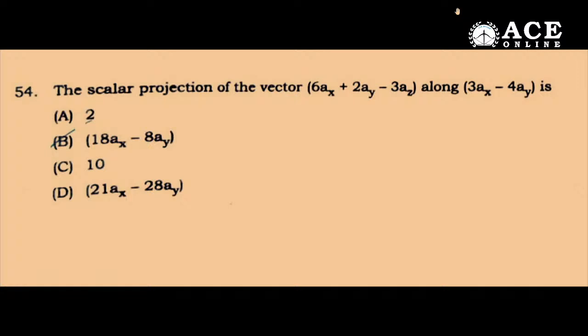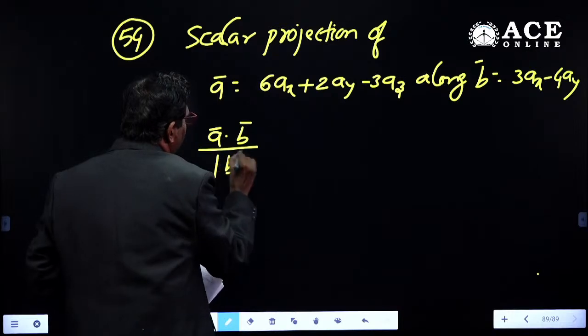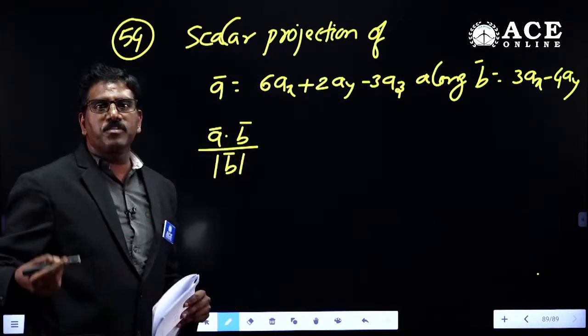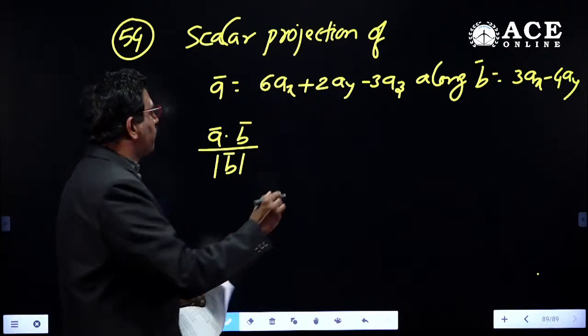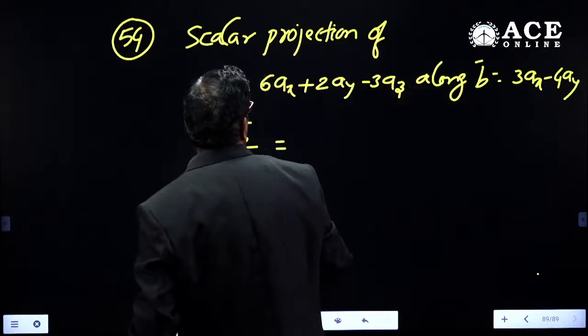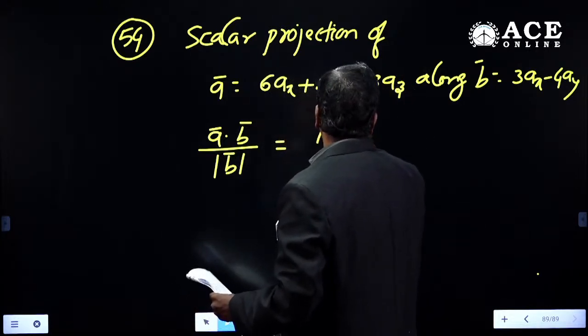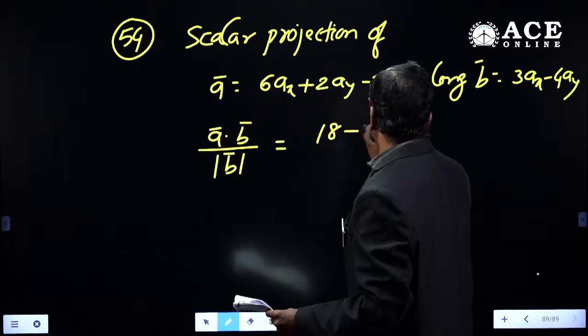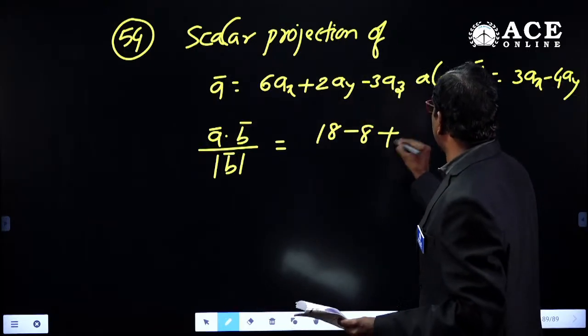See, the direct formula is already there. The scalar projection of one vector along another vector is a bar dot b bar by modulus of b bar. Now you know how to find the dot product: 6 into 3 is 18, minus 2 into 4 is 8. The z term is missing, so it is 0.